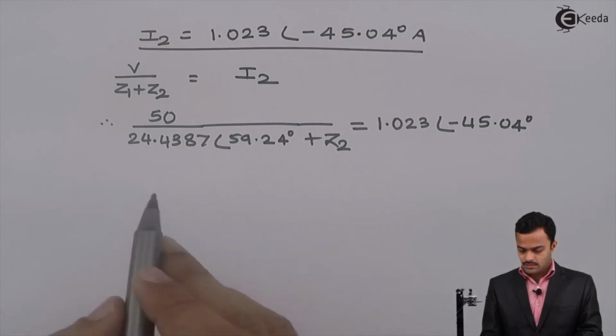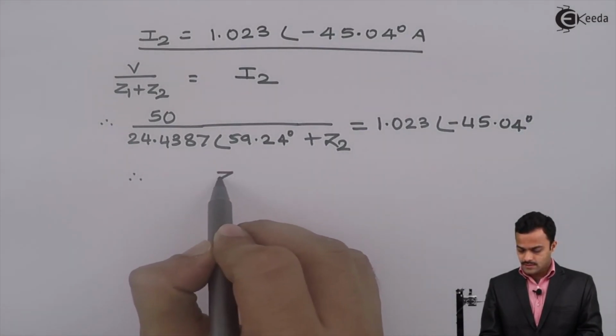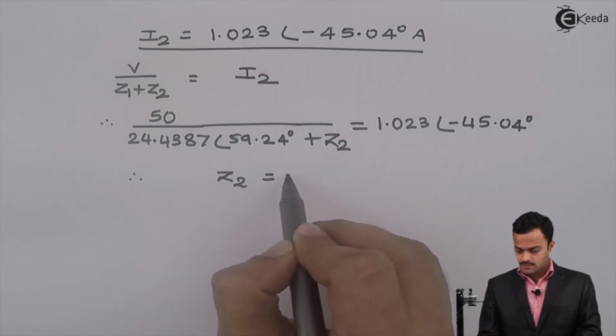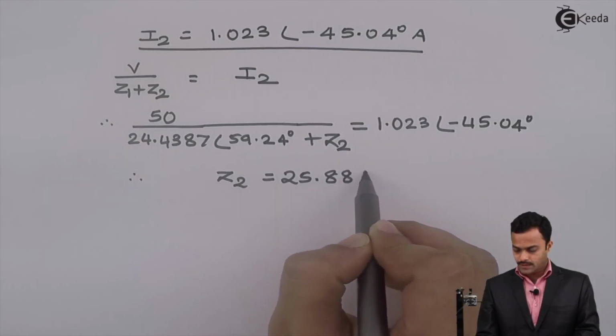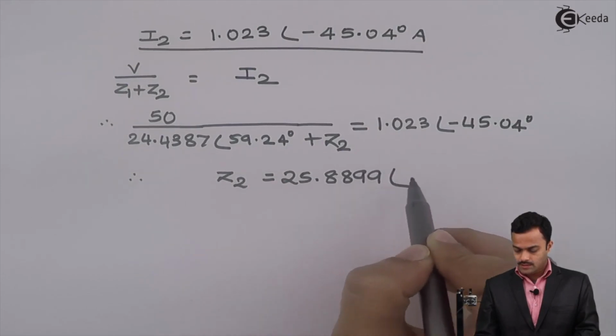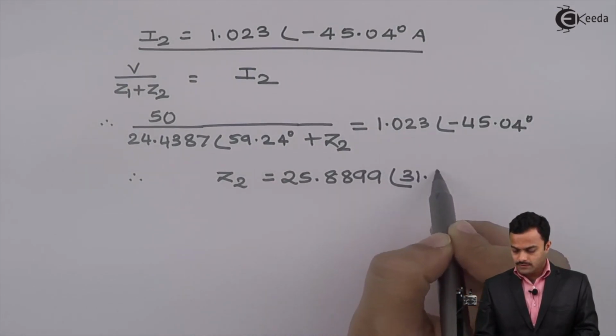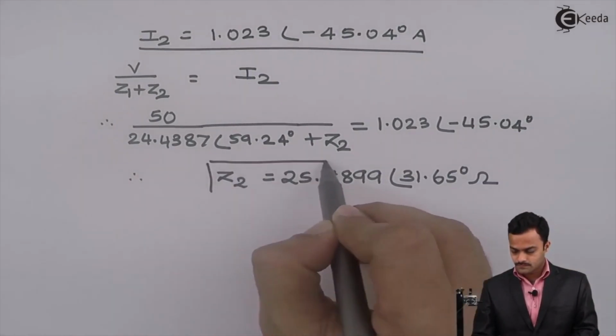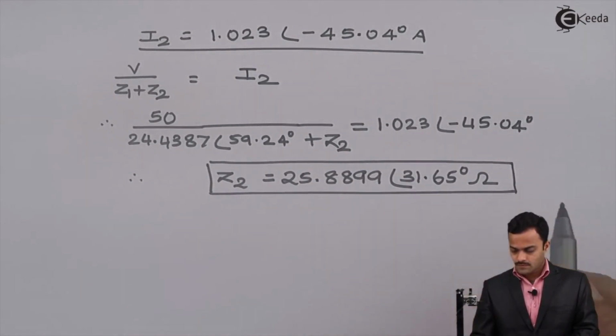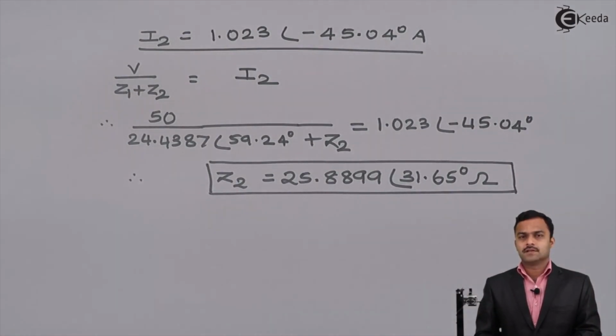If I solve, I will get Z2 as 25.8899 at an angle 31.65 degree ohm. This is the required answer. Thank you.